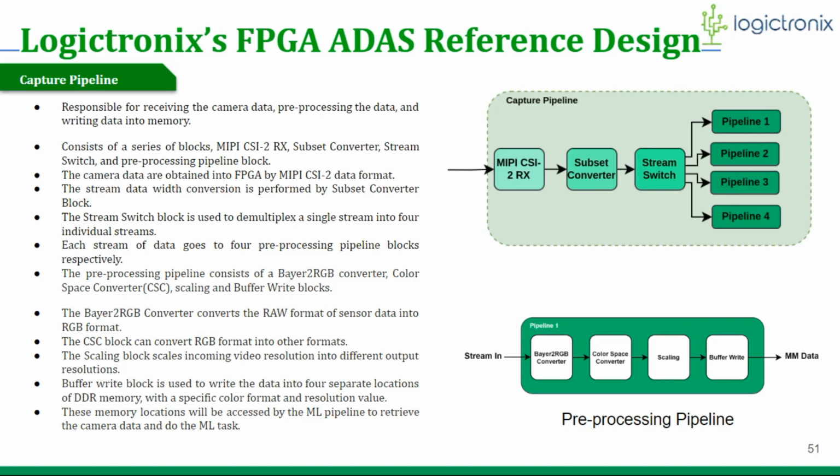The scaling block can scale the incoming video resolution into different output resolutions. The scaled resolution will be utilized in the ML pipeline as well as in the display pipeline. Actually, the DPU requires the stream size to be 640 by 480, for which scaling will be used. The buffer write block is used to write the data into 4 separate locations of DDR memory with a specific color format and resolution value. This memory location will be accessed by the ML pipeline to retrieve the camera data and do the ML tasks.